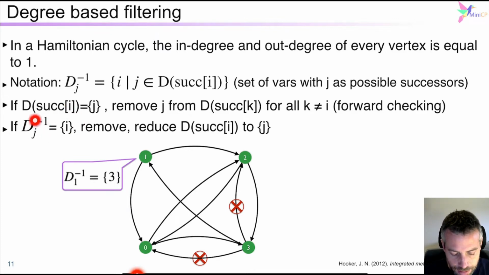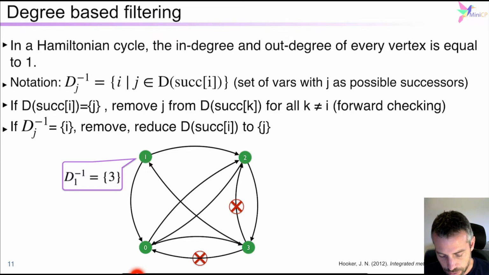It says that if you realize that the incoming node into node j, there is only one such node, which is the node i, then we know that the successor of node i has no choice to be equal to the node j. Let's see how this one can be used to filter the situation on this small example. What we see is that for node 1, the only possible node that you can come from is node 3.